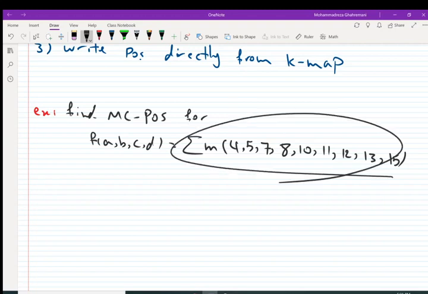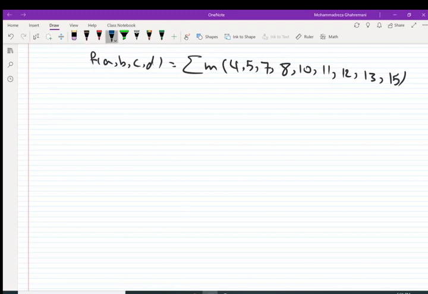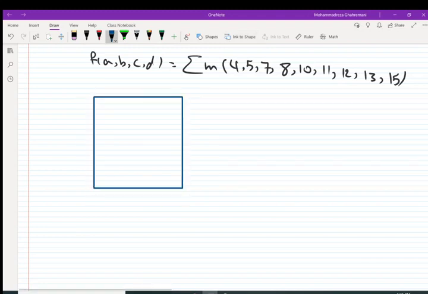These are the min terms, so these are ones, not zeros. Let's draw the table.